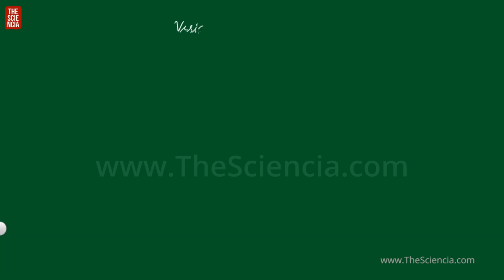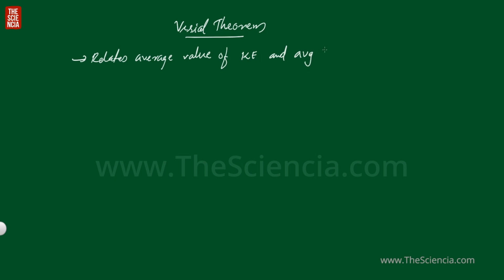Virial theorem. This theorem relates the average value of kinetic energy and the average value of potential energy.